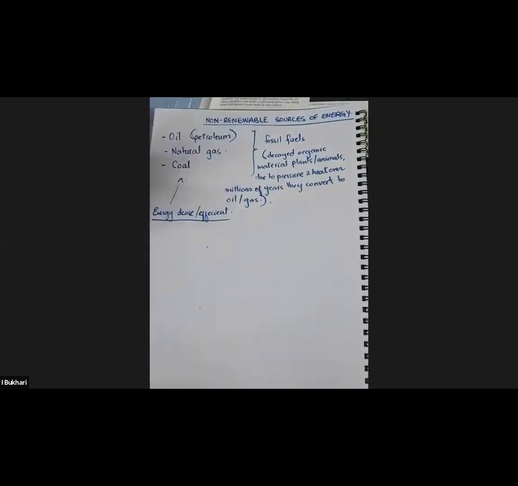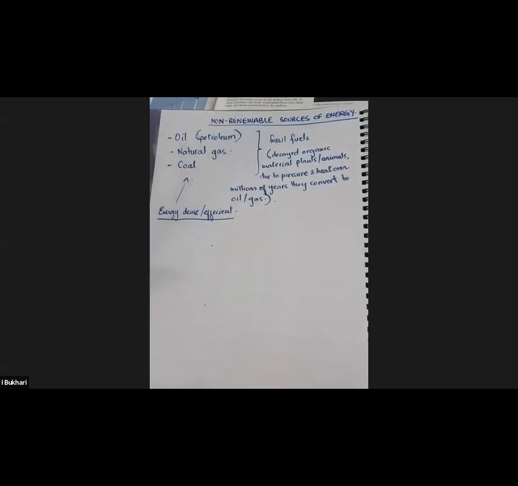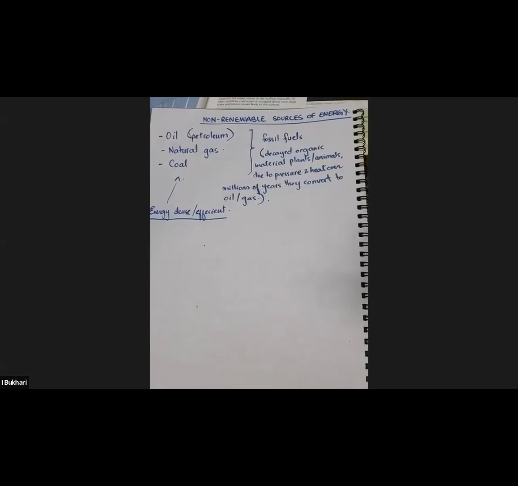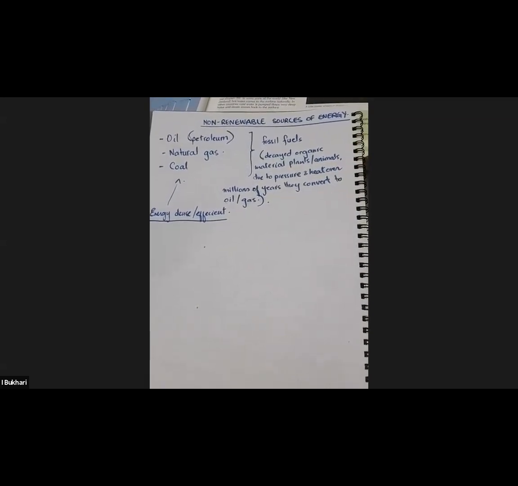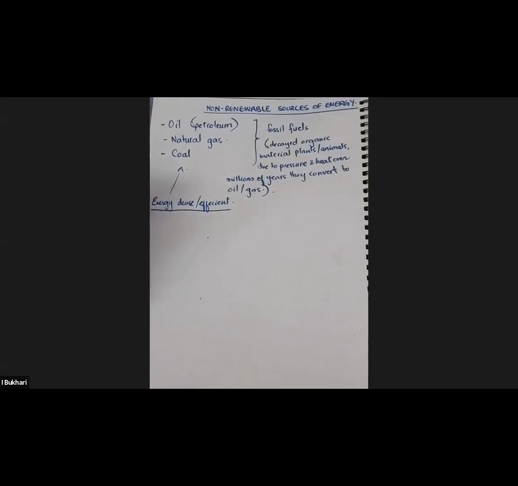So all that organic material originating from plants or animals that have died millions and millions of years ago, under constant pressure and heat over millions of years, converts into oil and gas. So fossil fuels are that compressed and pressurized organic material that is the source of energy. So this fossil fuel is non-renewable.